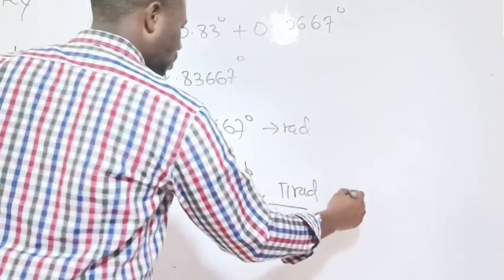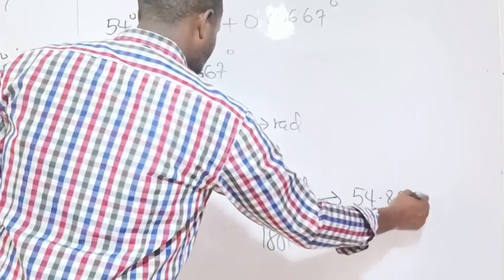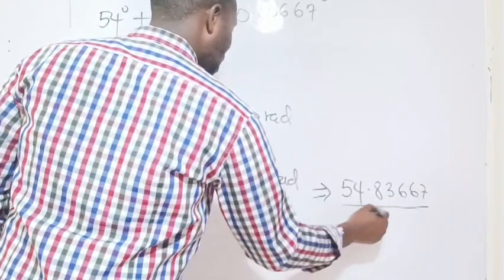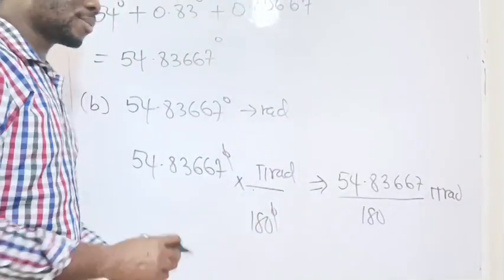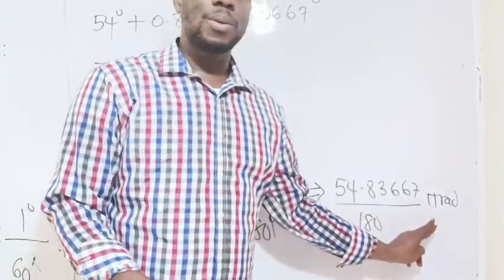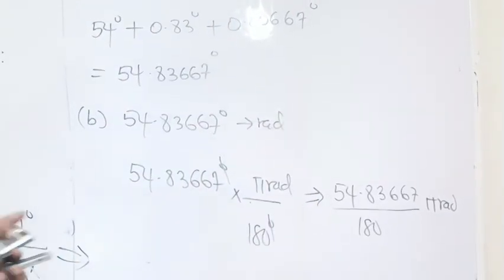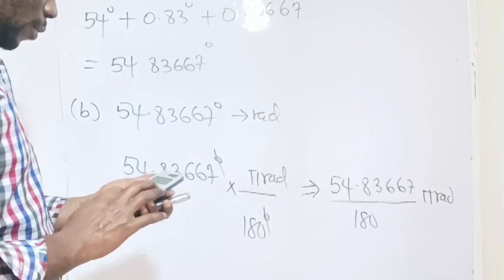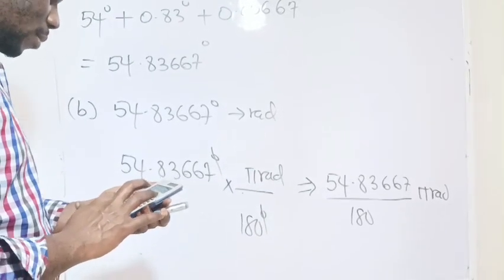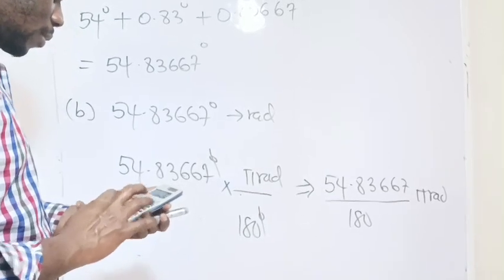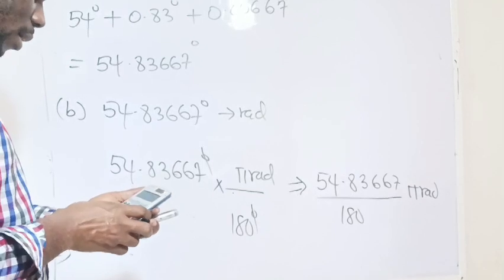So this comes out to be 54.83667 over 180, and I have this in pi rad. Of course, if you want, you may replace the pi by 3.142. So let's see. I have 54.83667, and I'm dividing this by 180.